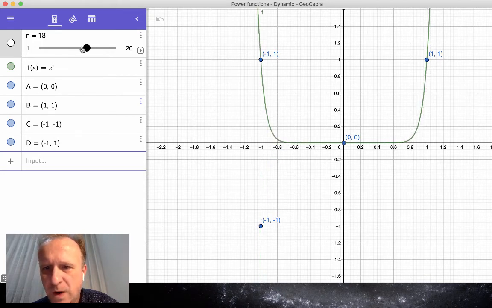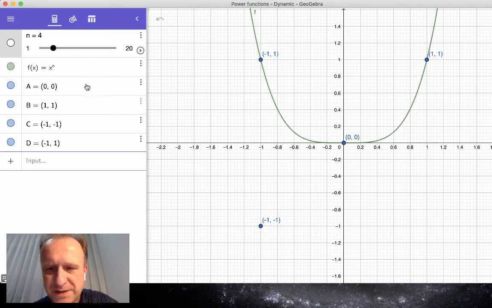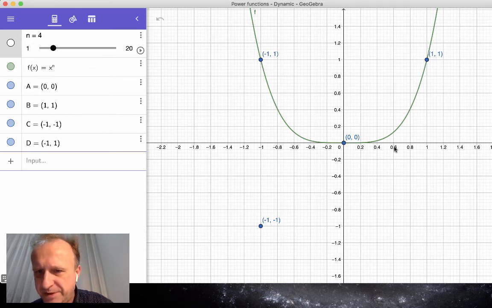Okay, so why is such behavior present? So you may imagine, for example, there is the number 0.6 here. Imagine now I have the function value 0.6 to the power of 4. How do you obtain it? You take 0.6 and multiply it by itself 4 times.